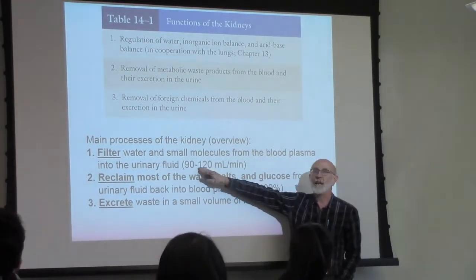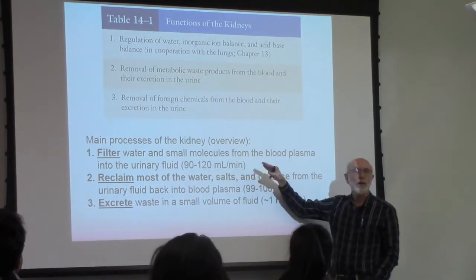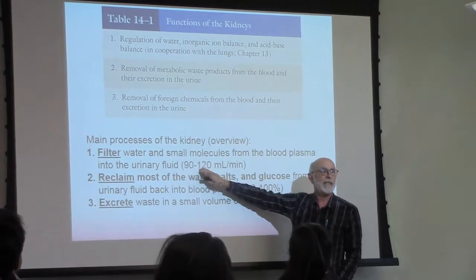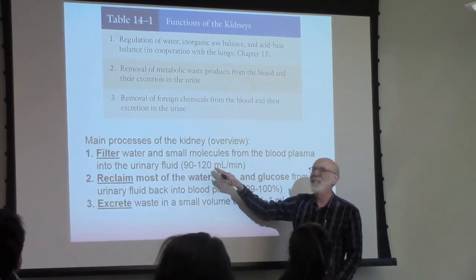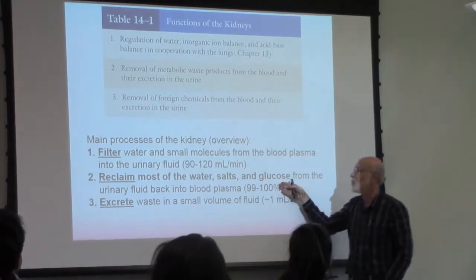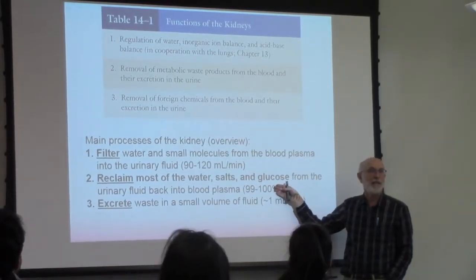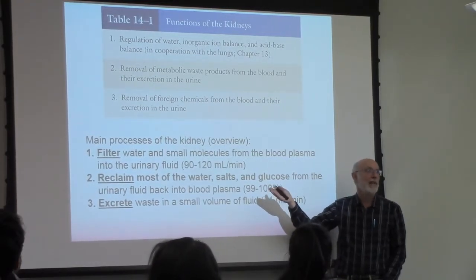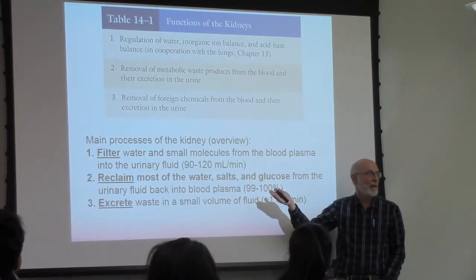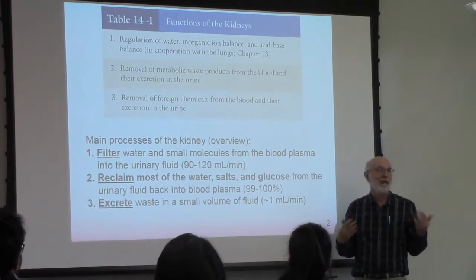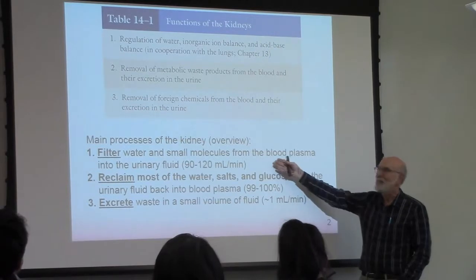So here we're saying that the fluid that is getting filtered is approximately the same amount that you urinate every single minute. So that's a large volume. If we didn't recover 99% of it, you'd be spending every minute, every 2 minutes, every 3 minutes in the bathroom. And you'd be drinking and urinating all the time, basically. So obviously that's not going to work.